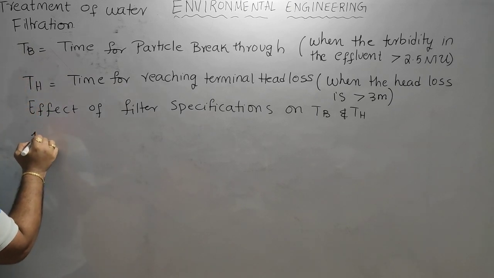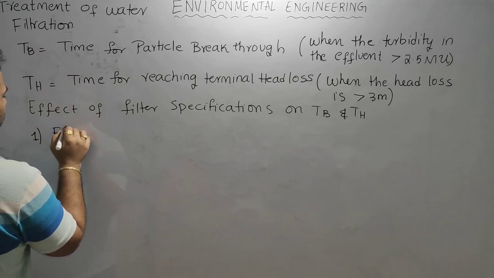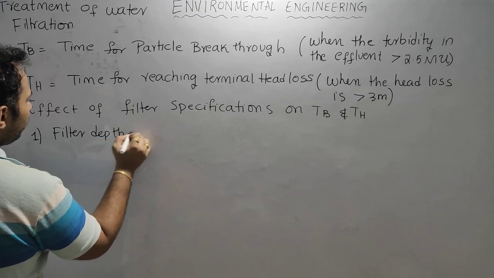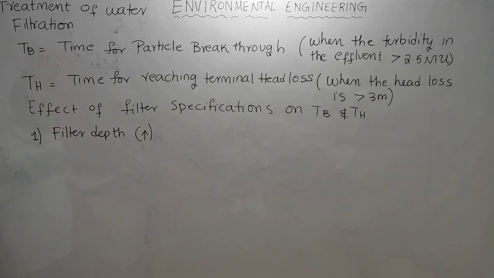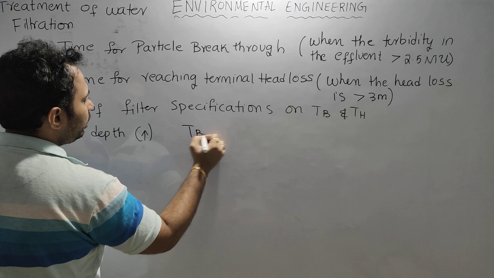The first specification of the filter is filter depth. If the filter depth is increased, what happens to TB and what happens to TH?